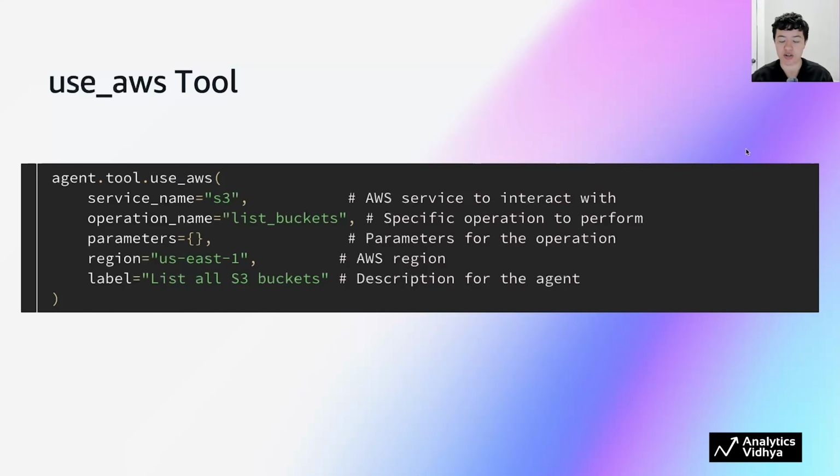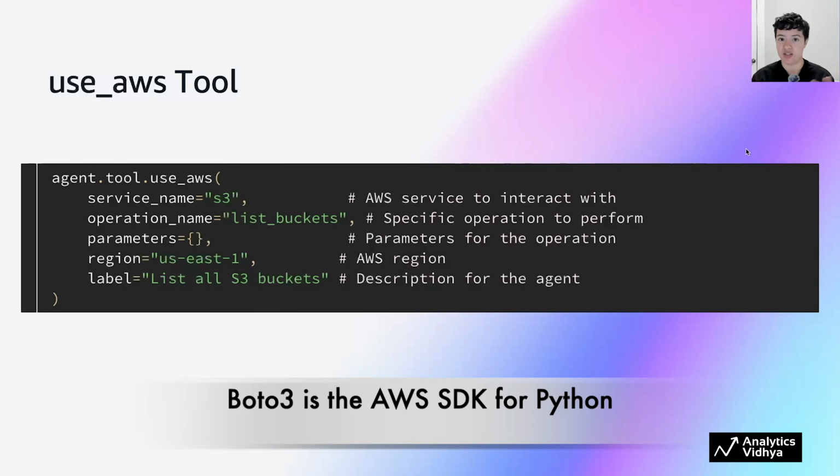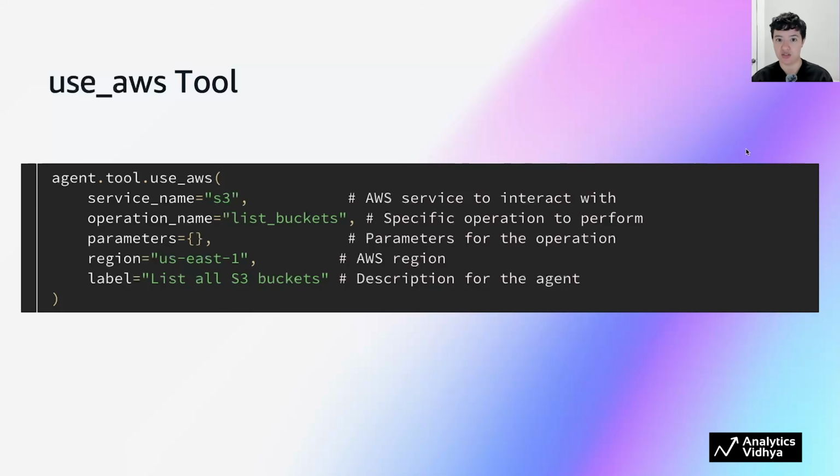Okay, so here's a snippet of the tool that we're going to be referencing today. And I wanted to highlight some of the specific parts of this tool that some folks may not be familiar with. So for the service name, this one's pretty self-explanatory, but this is corresponding to the Boto3 service name. So S3, DynamoDB, Lambda, EC2, etc. The second item here is the operation name. So this is the specific API operation that you want to call.